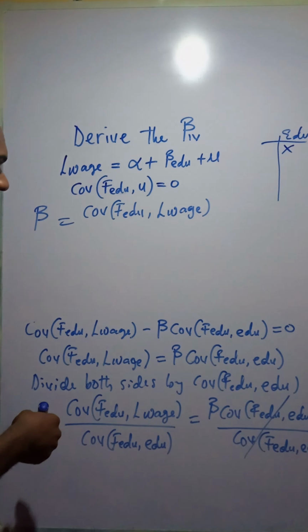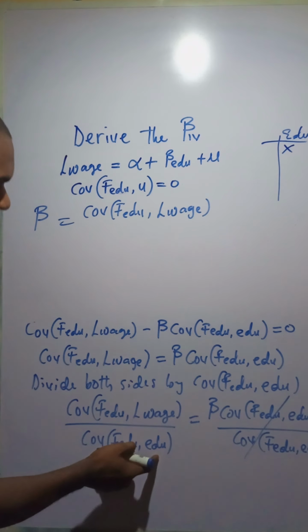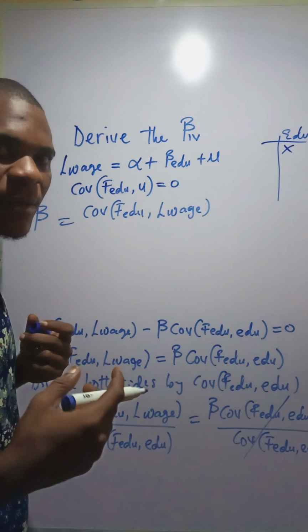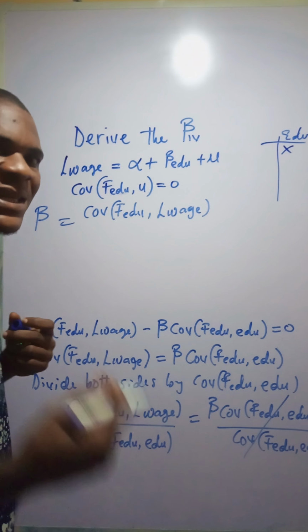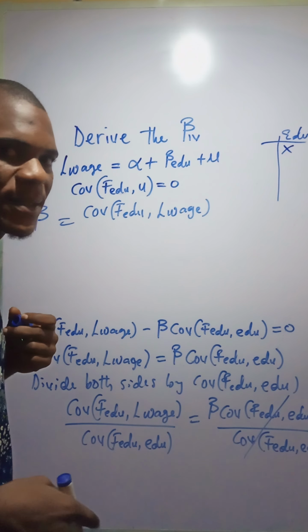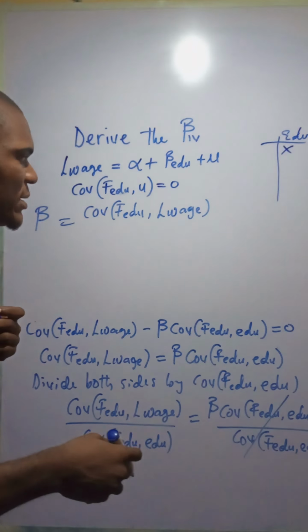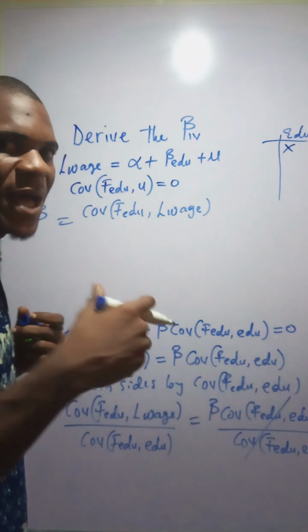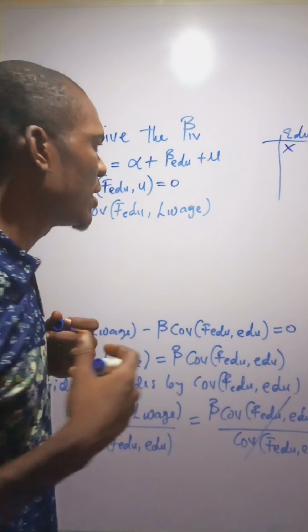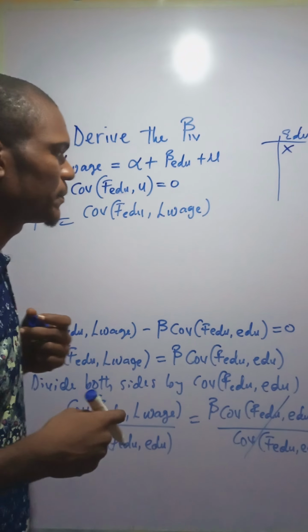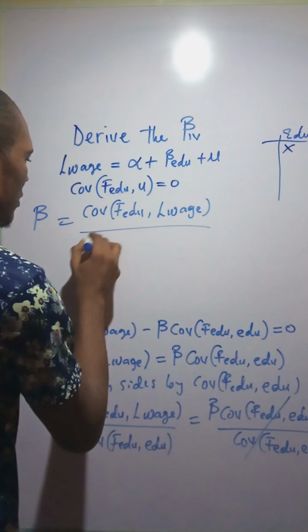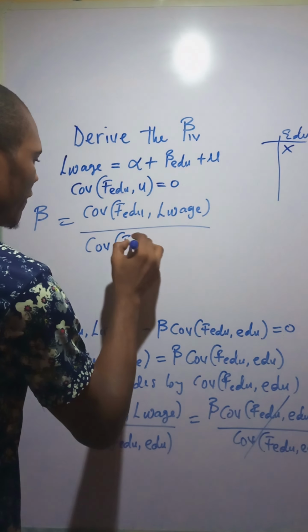While this education you have here is the independent variable x. Now, the father's education is the instrumental variable z. So the difference between this and the previous derivation we did is the fact that we have to make use of the actual data here, so divide by the covariance of father education and education.